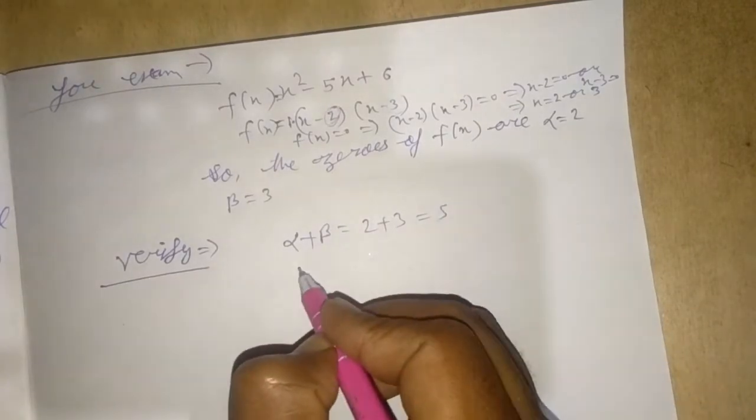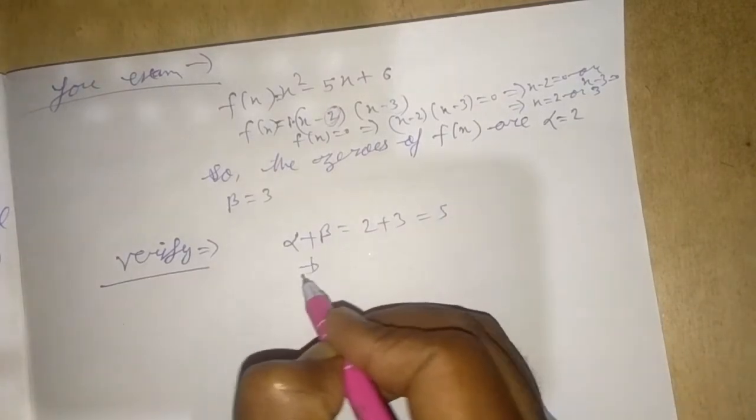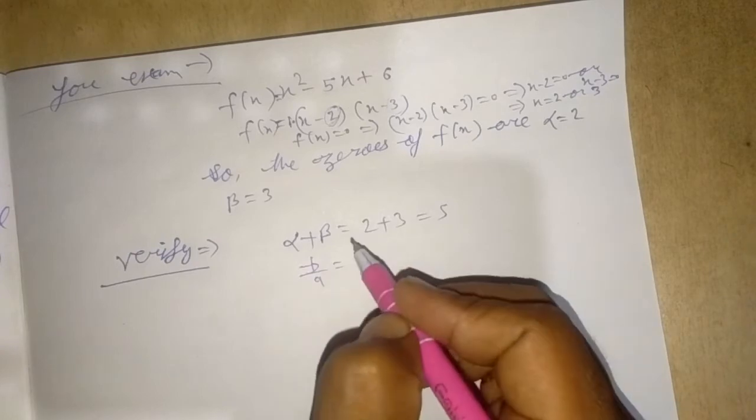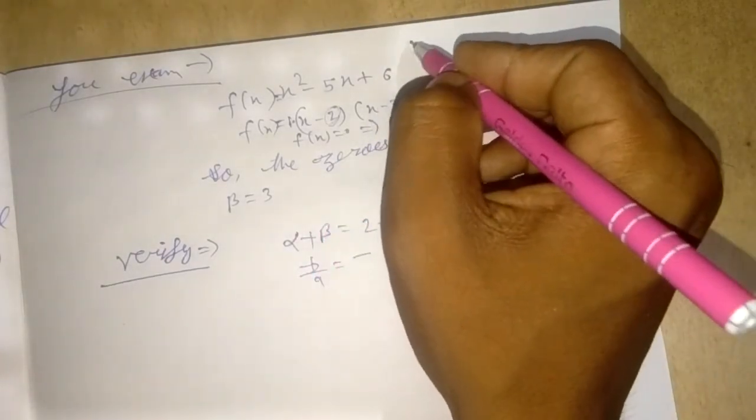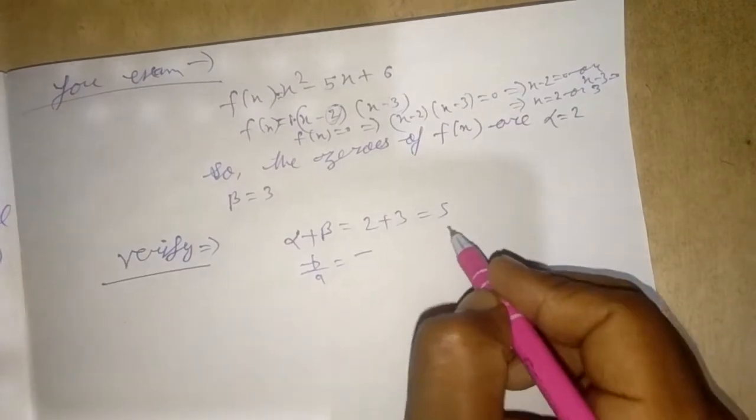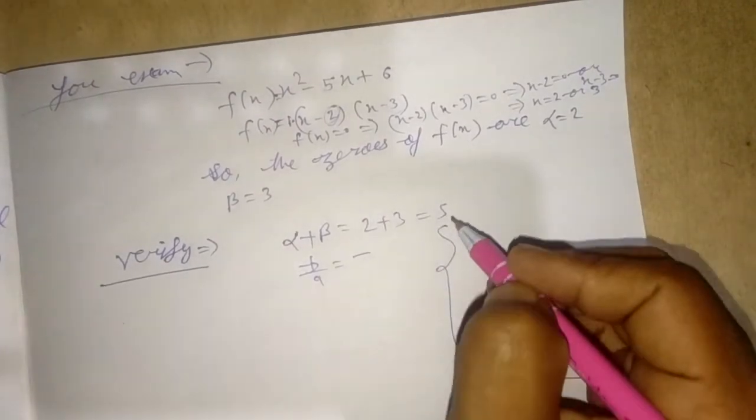Also alpha plus beta is equal to minus b upon a. What is the value of b?